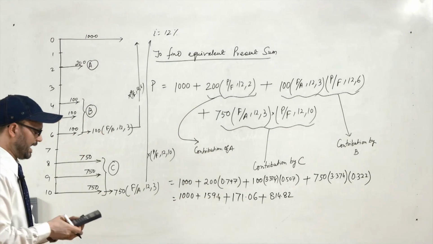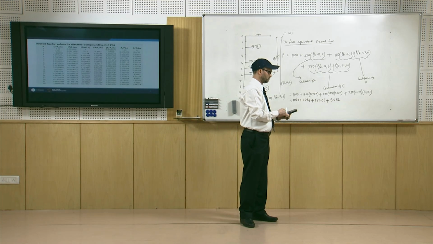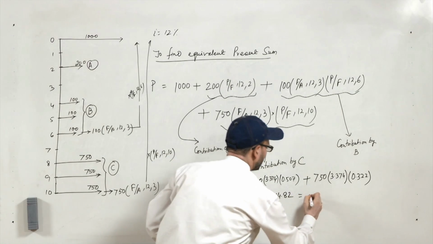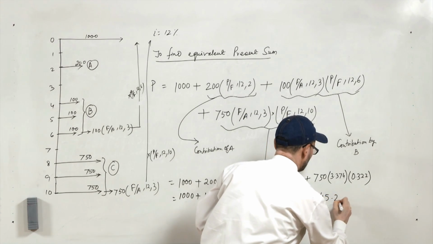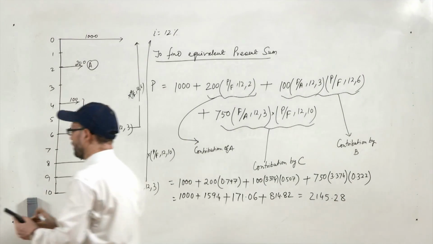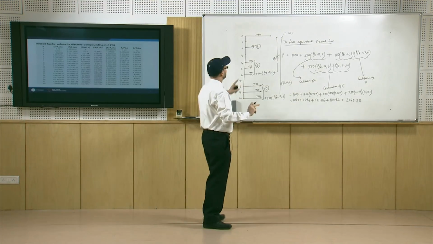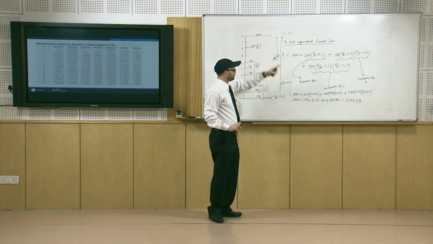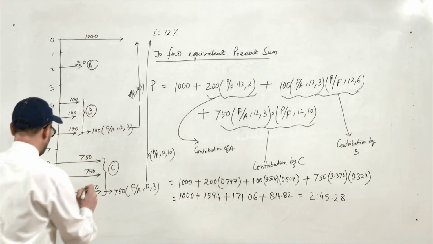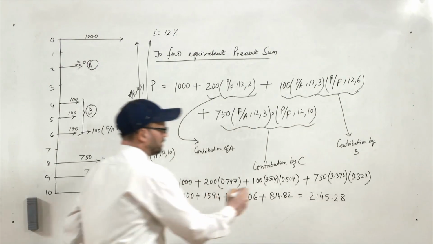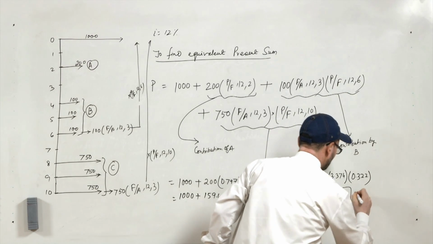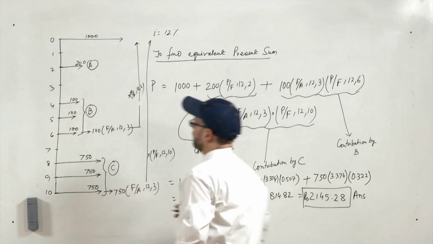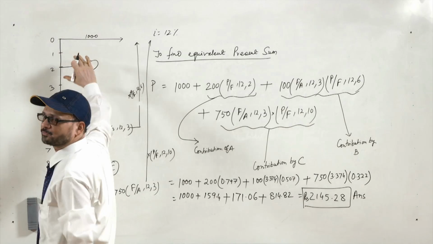Once we add them it comes out to be 2145.28. So, what we see is that an amount of 2145.28 is equivalent to this particular cash flow.